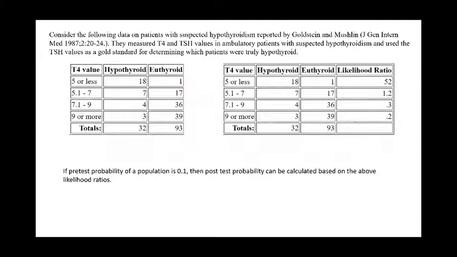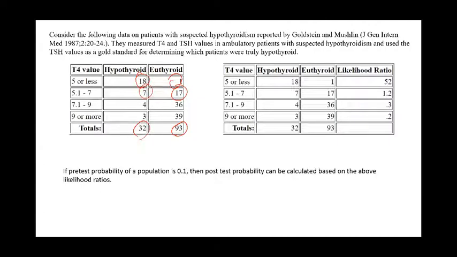So there was a study which was done. They measured T4 and TSH values in ambulatory patients with suspected hypothyroidism and used TSH as the gold standard for determining which patients were truly hypothyroid. In total there were 32 hypothyroid and 93 euthyroid, and based on T4 values, they have been classified in this way. Since there are more than 2 values, we cannot calculate sensitivity and specificity, so we calculate likelihood ratio.